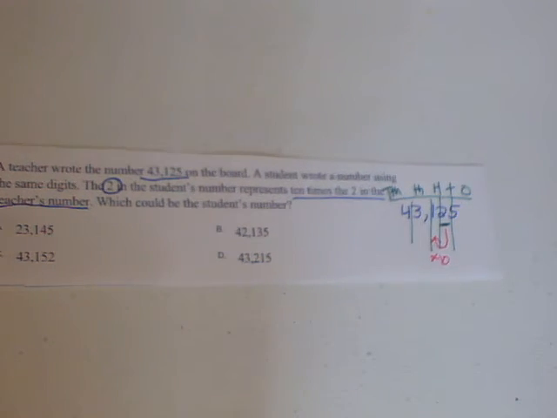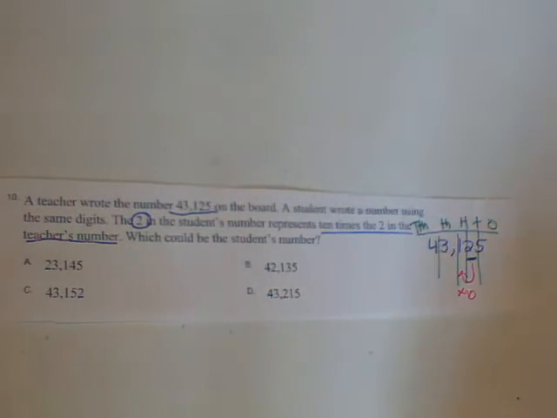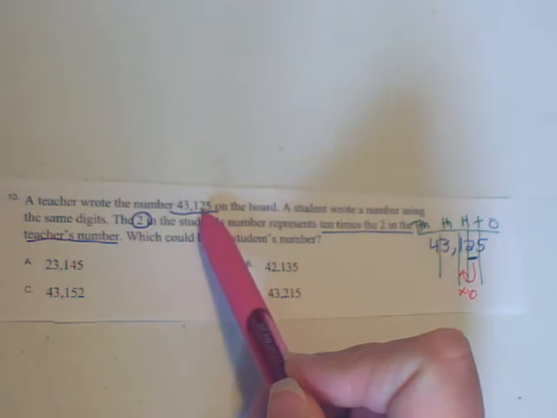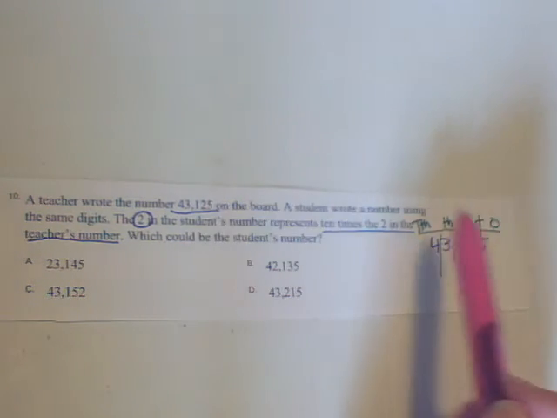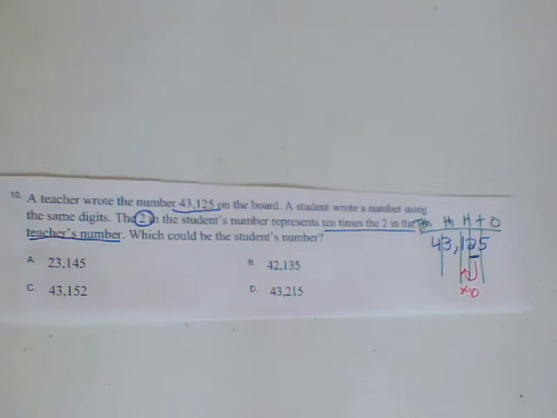Okay? It is 10 times greater than the tens place. So which one of these has a 2 in the hundreds place? You would have to look and find out.